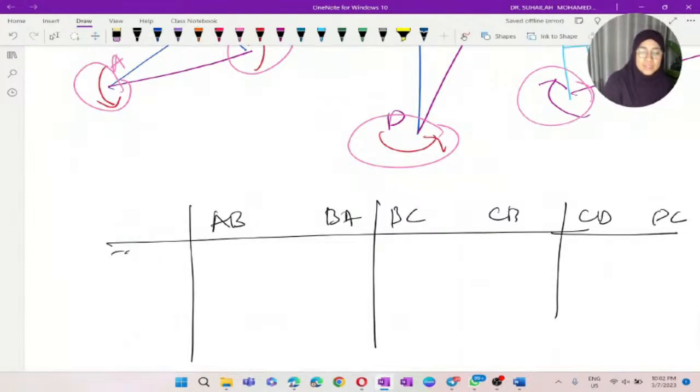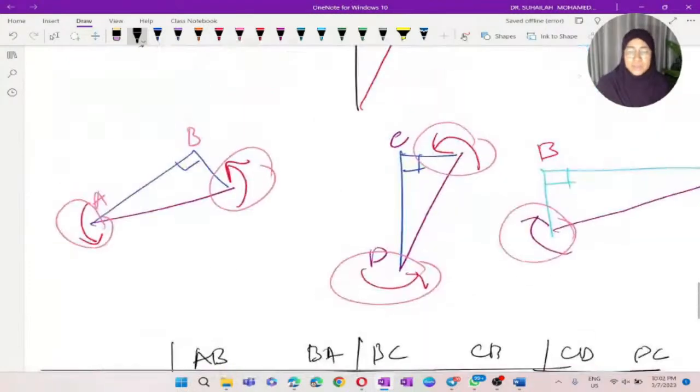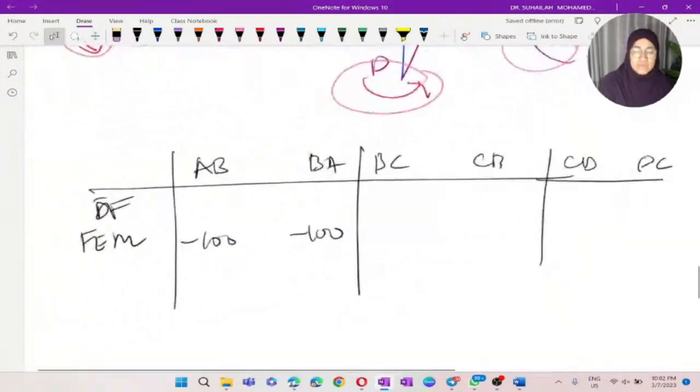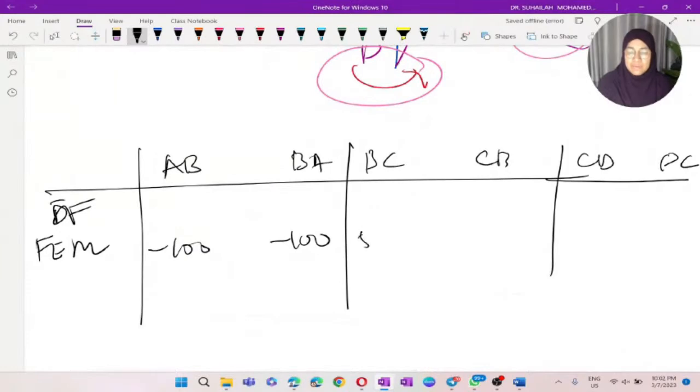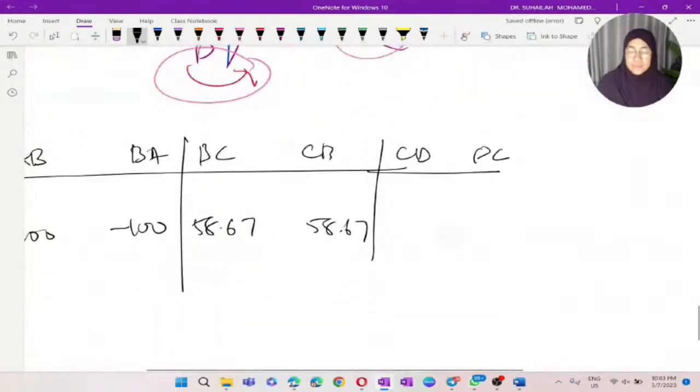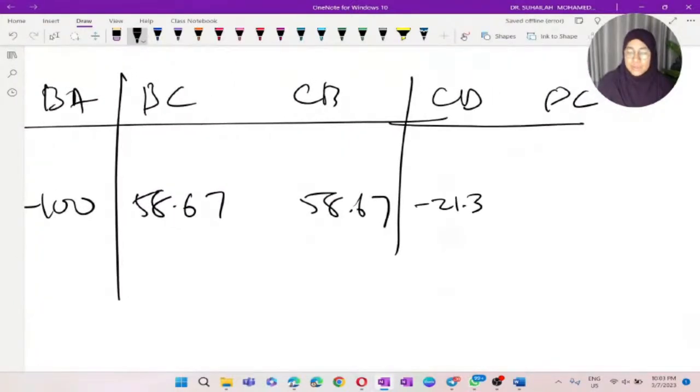Of course we start with the distribution factor, and the FEM is negative 100, negative 100, and for BC, CB we use positive 58.67, positive 58.67, and negative 21.333 and negative 21.333.